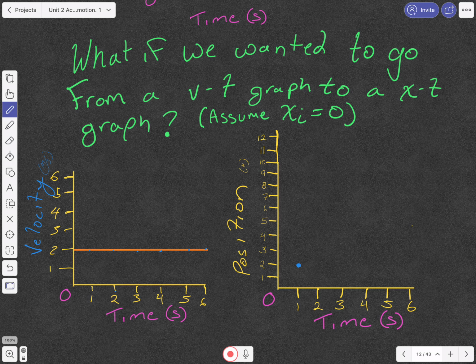Now at 2 seconds, it is still going 2 meters per second. So that being said, if you have a velocity of 2 meters per second, and you're multiplying it by 2 seconds, that's going to give you 4 meters. It's about here.